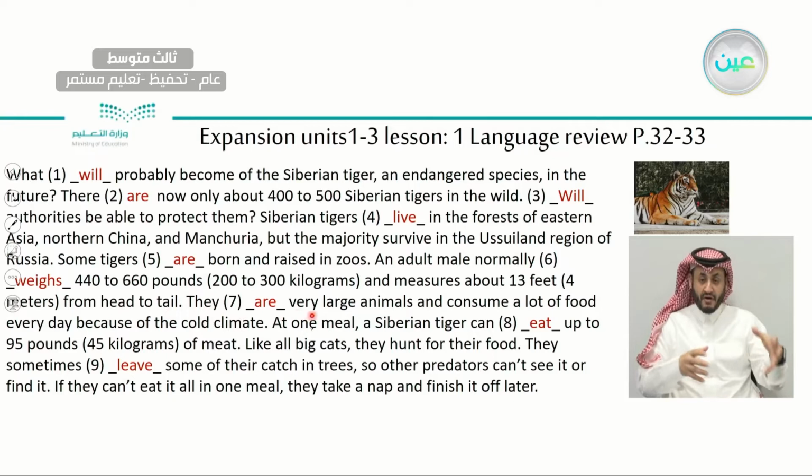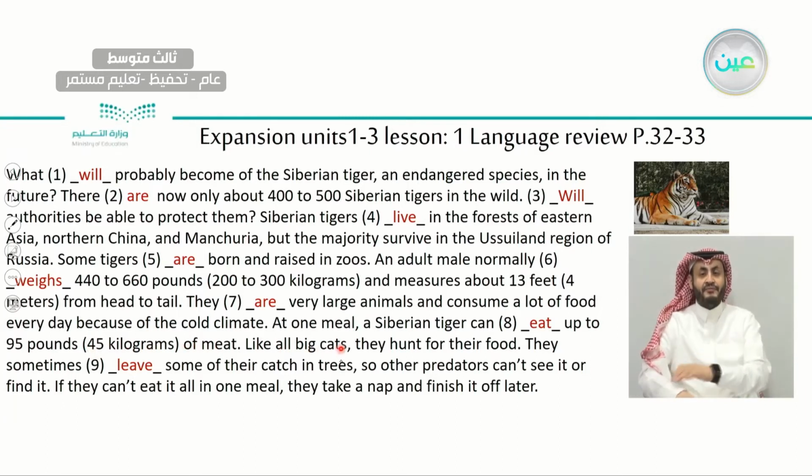They are very large animals and consume a lot of food every day because of the cold climate. At one meal, a Siberian tiger can eat up to 95 pounds, 45 kilograms, of meat.